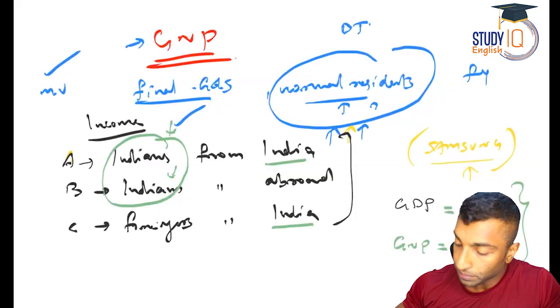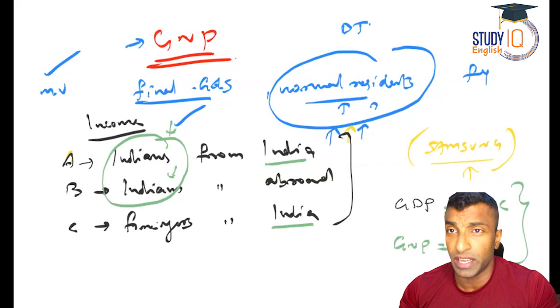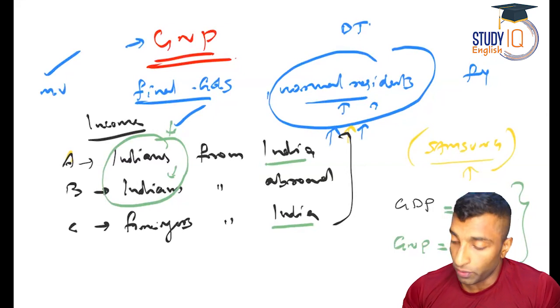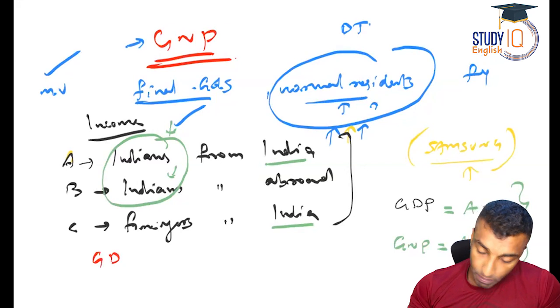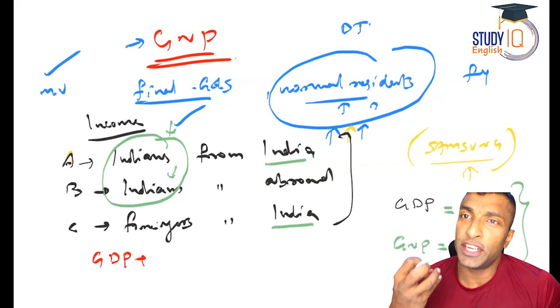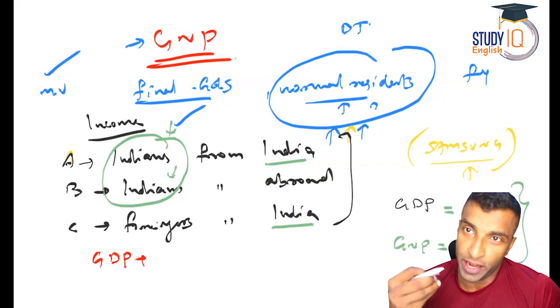Now, if I want to give you a relation between GDP and GNP, I'll tell you the difference, and this is what you need to use from here onwards. GDP is whatever is produced in India.